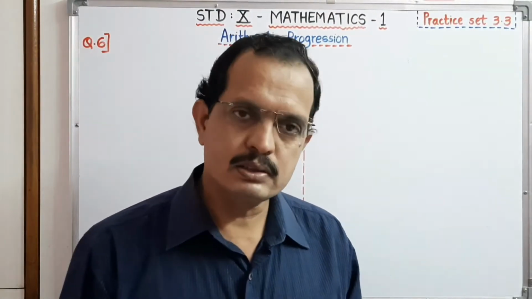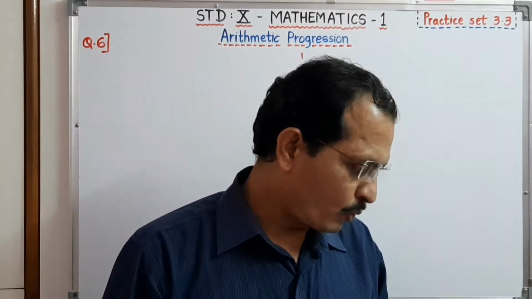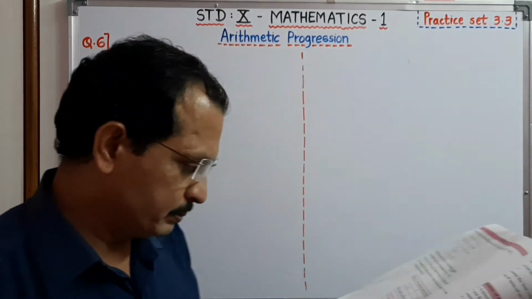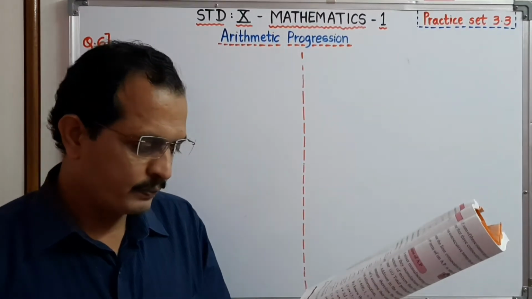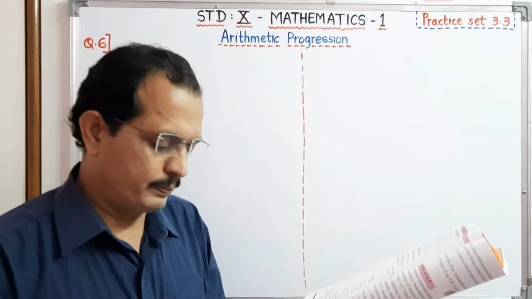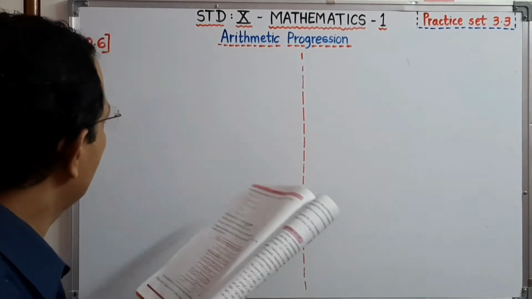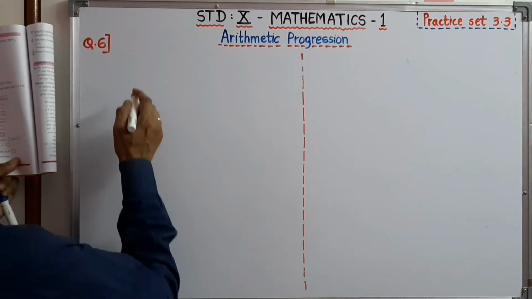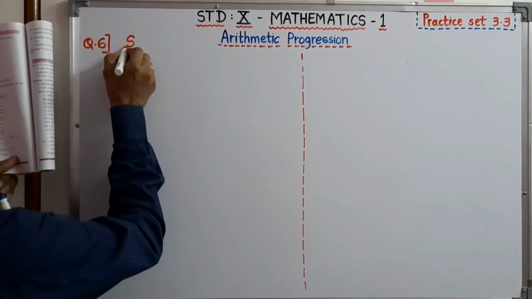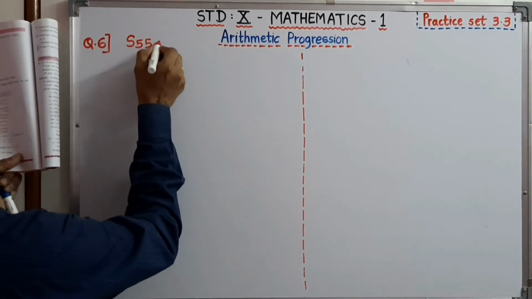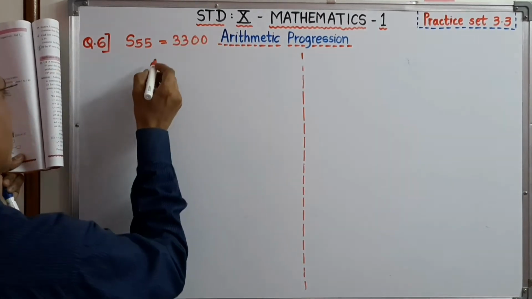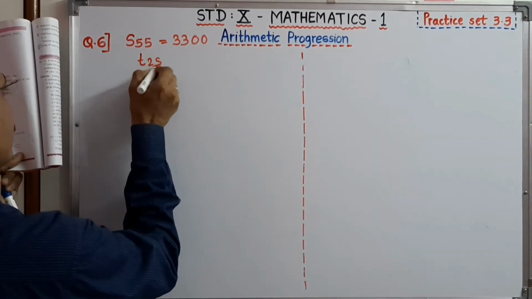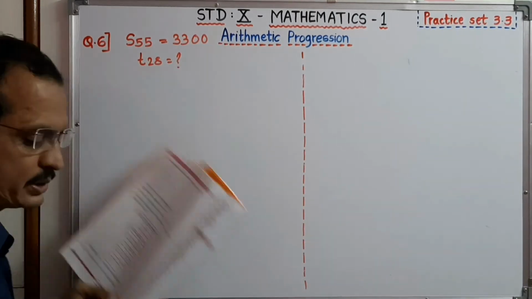Let's see the sixth sum. The sum of the first 55 terms of an AP is 3300. Find its 28th term. See, first of all we have to write the given information, that is sum of 55 terms, S55 is equal to 3300, and we have to find out T28 is equal to how much.